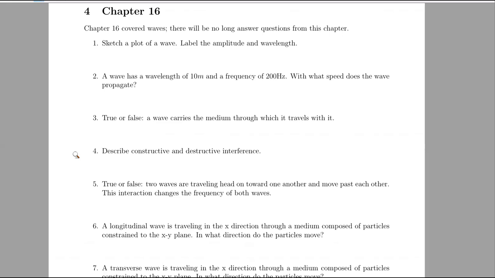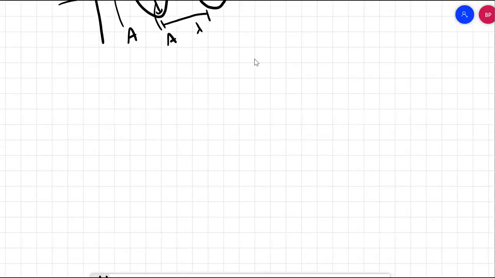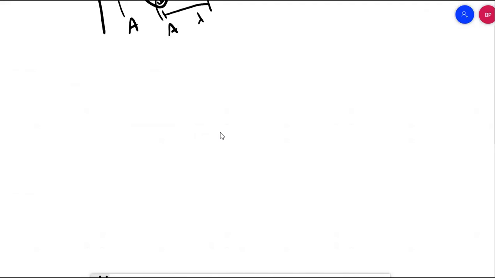All right. So our next problem says a wave has a wavelength of 10 meters and a frequency of 200 hertz. With what speed does the wave propagate? So to find this, we'll have to use our wave speed equation. So the wave speed equation tells us that the velocity of a wave is equal to its frequency times its wavelength.